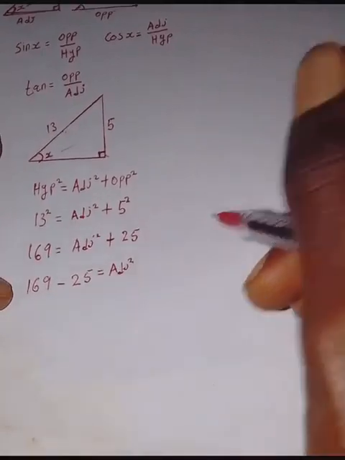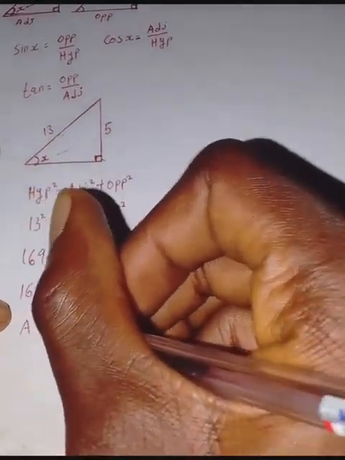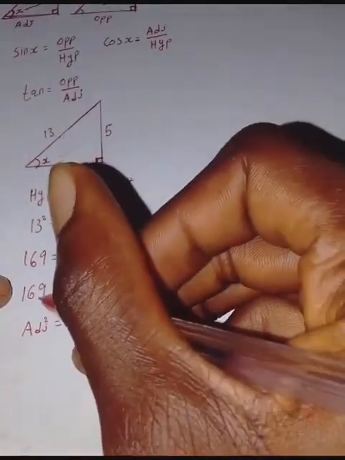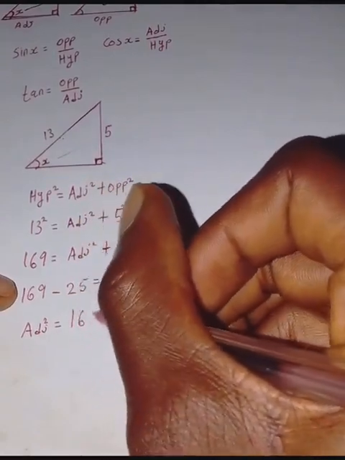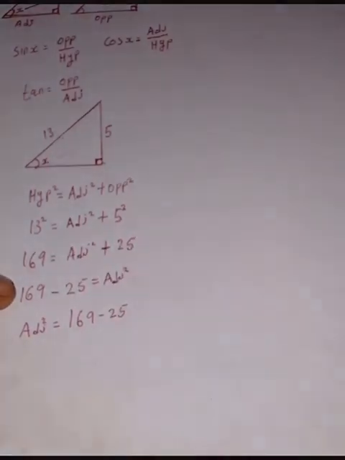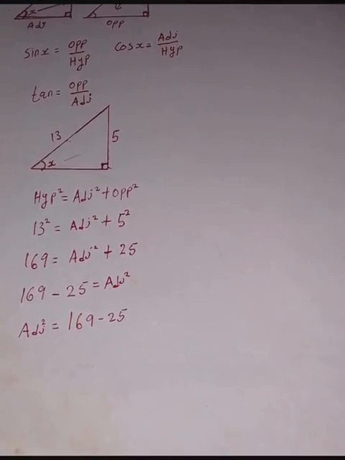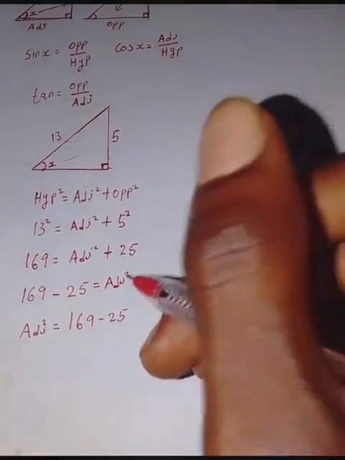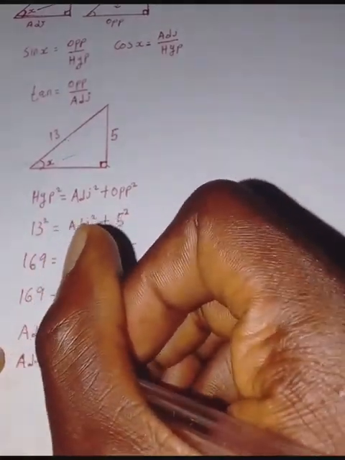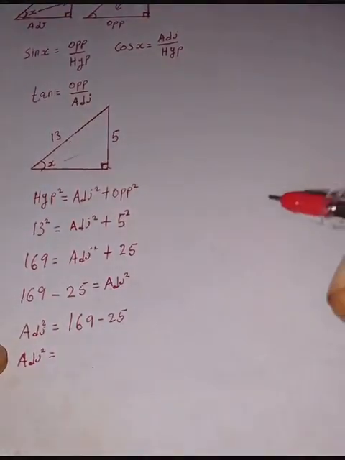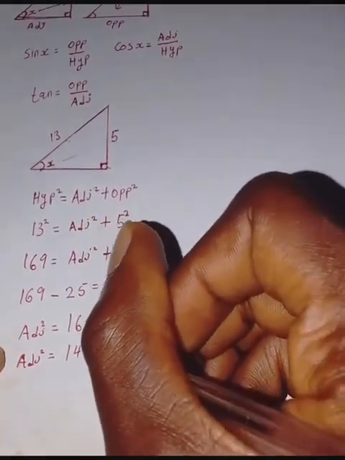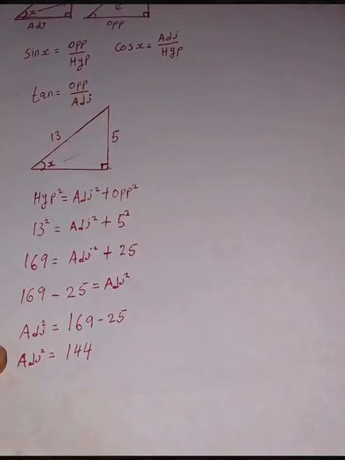So now we have adjacent squared equals 169 minus 25. 169 minus 25 will give us 144.